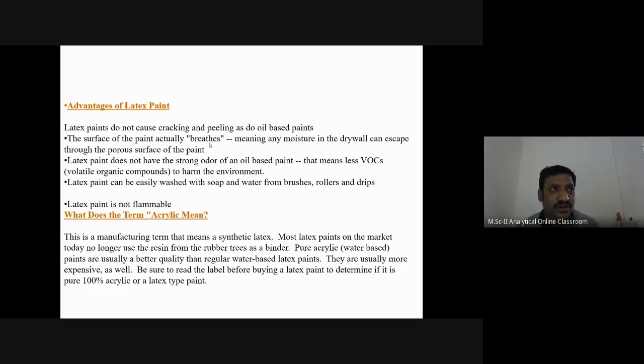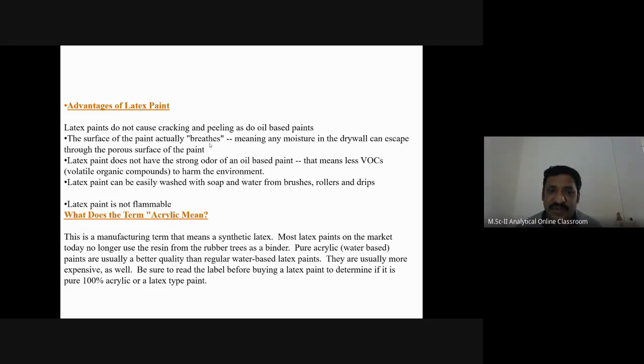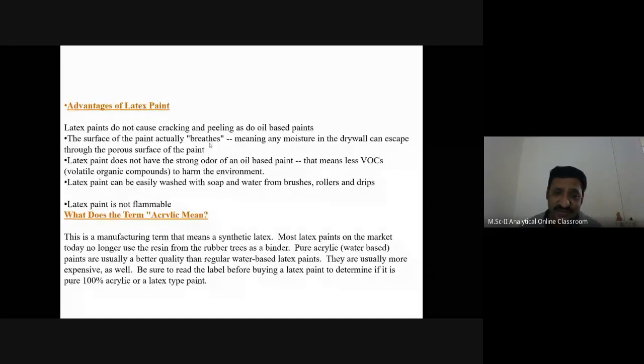Why do you evaporate ether on a water bath? Why not on a burner? It's flammable. You say not flammable. You are a student of analytical chemistry, Master of Science, MS second year. You should know that.